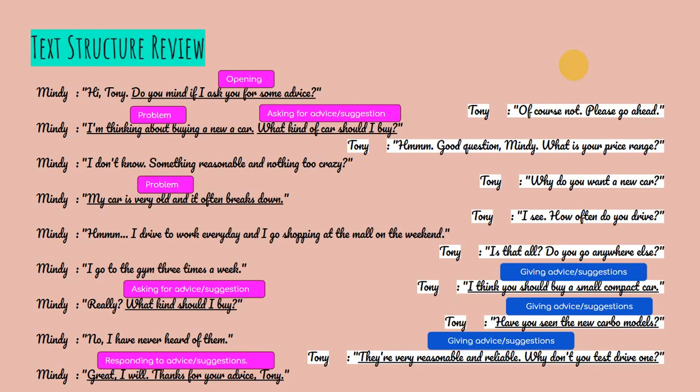The sentence structure is exactly the same as the previous one, when Tony said, "Have you seen the new carbon models?" Okay, and then to respond to Tony's positive advice, Mindy said, "Great, I will. Thanks for your advice, Tony."